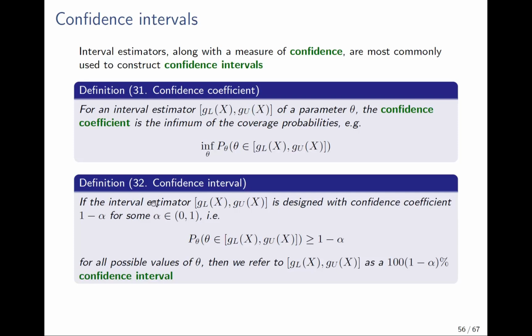If an interval estimator is designed with confidence coefficient 1 minus alpha, where we set the value of alpha, then the probability that theta lies within this interval is greater than or equal to 1 minus alpha. That's the level of uncertainty we set by choosing alpha. We refer to that interval as a 100 times (1 minus alpha) percent confidence interval.